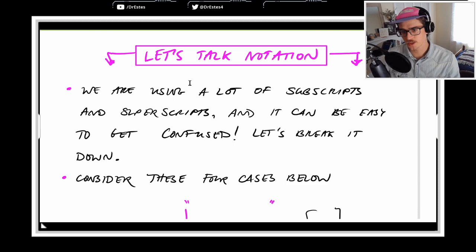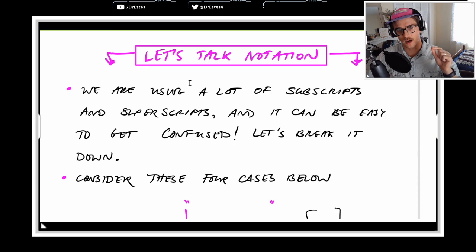Let's talk notation, shall we? There's a lot of subscripts and superscripts flying around since we're starting to talk about velocity of an aircraft relative to different frames.